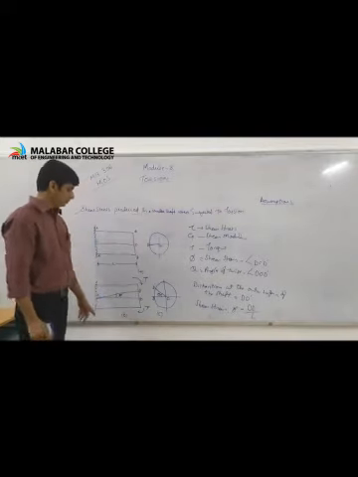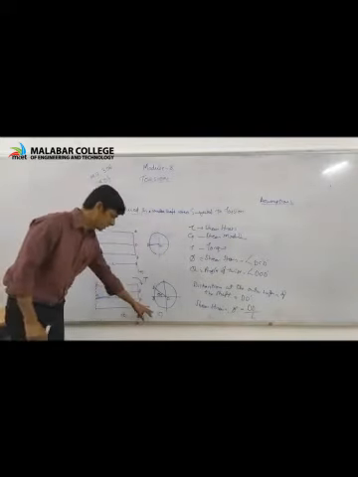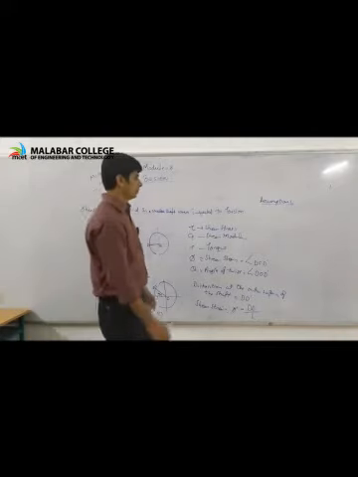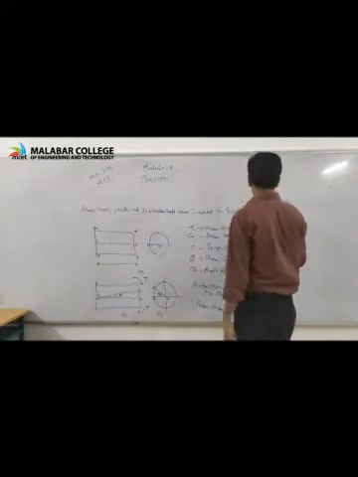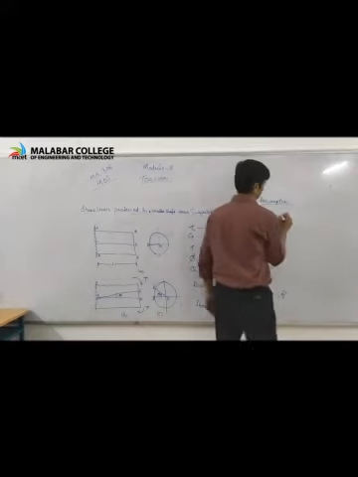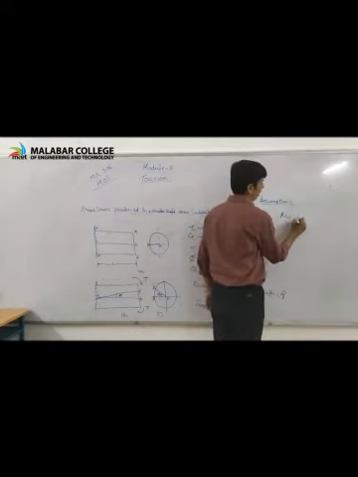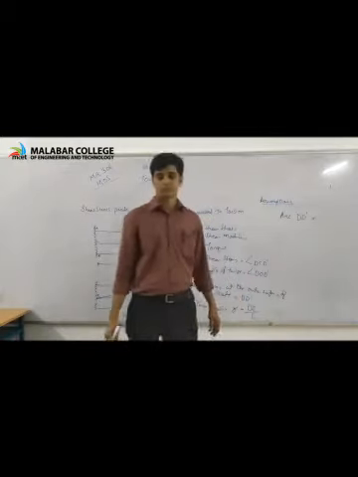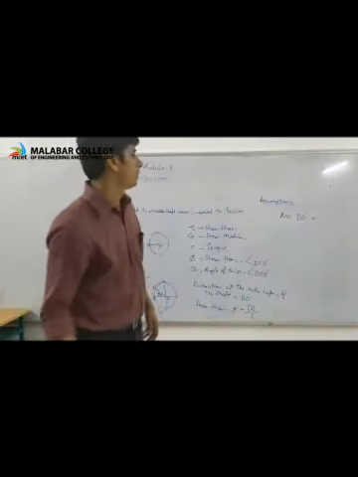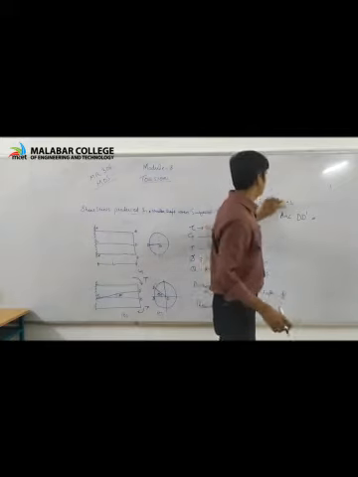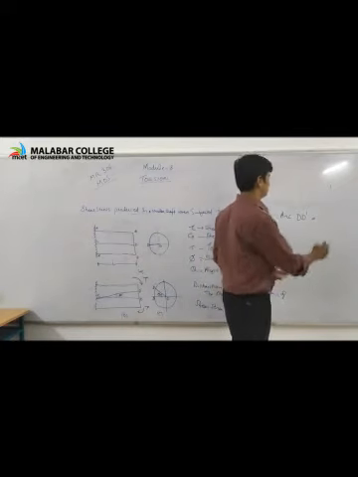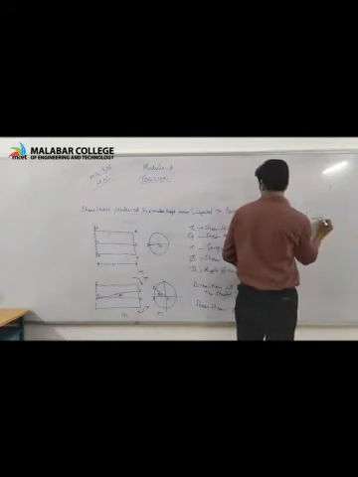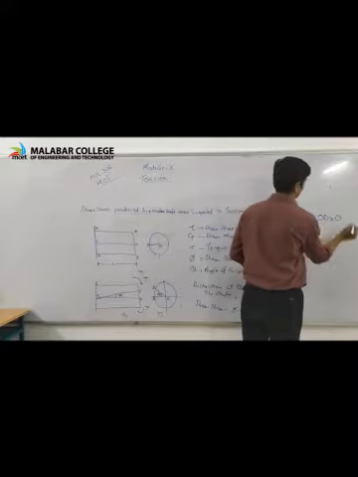Now consider figure C. Arc DD dash is equal to OD into theta.